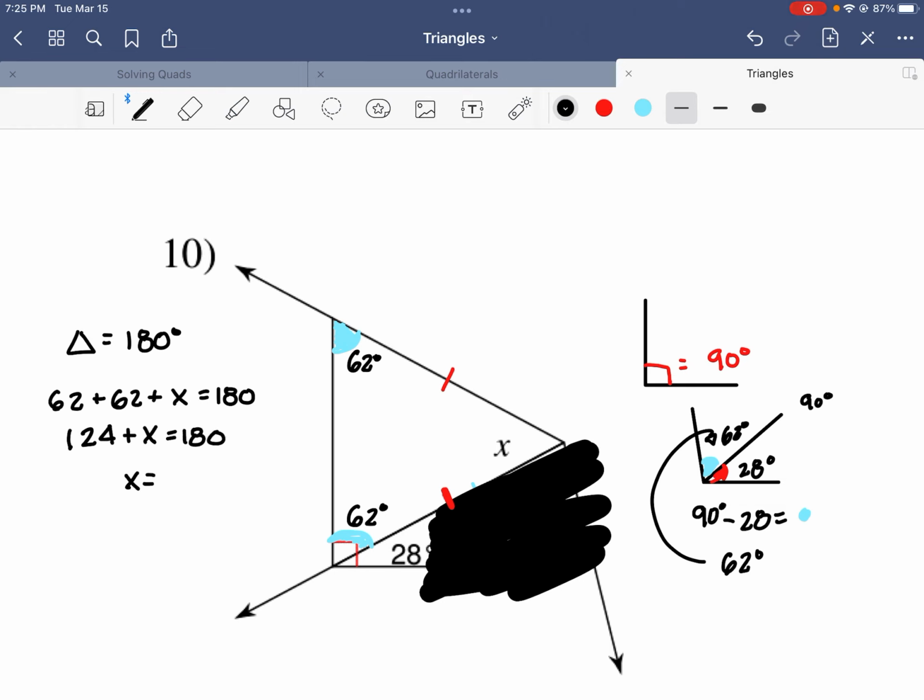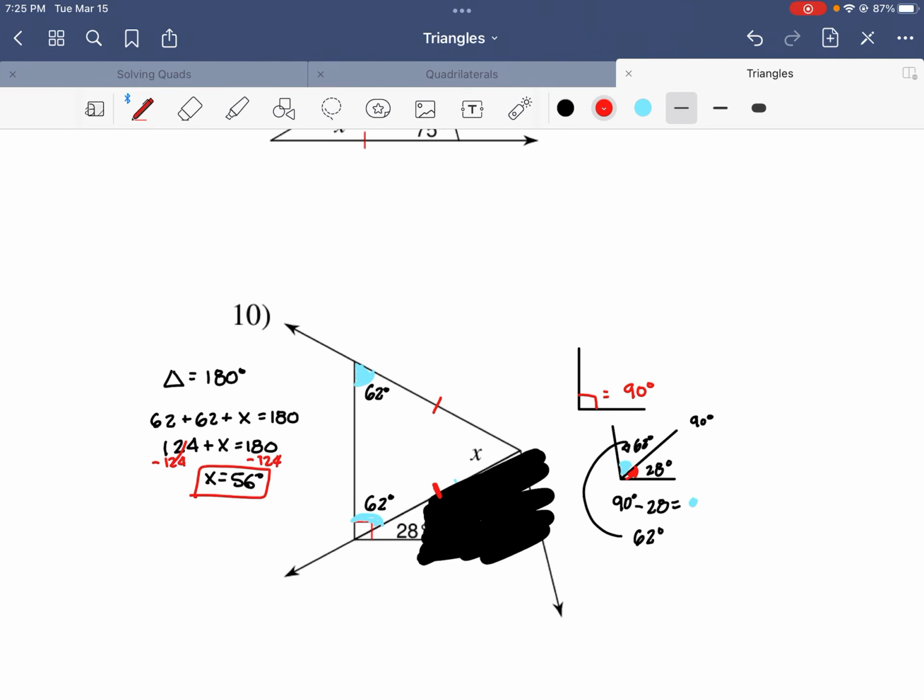If I subtract on both sides, so let me show you guys, minus 124, minus 124, this crosses out. I get x is equal to 56. By the way, I'm doing this in my head, so if my calculations are wrong, I'm sorry, I don't have a calculator on me. So I get that x is equal to 56.